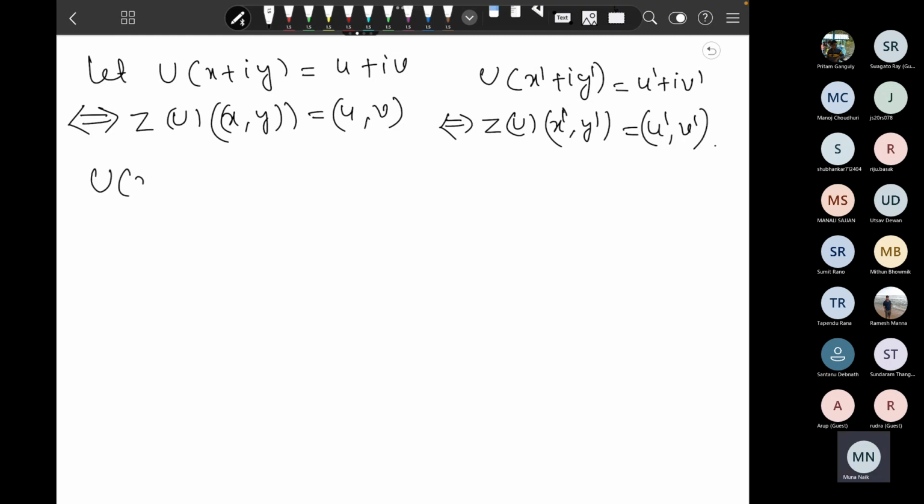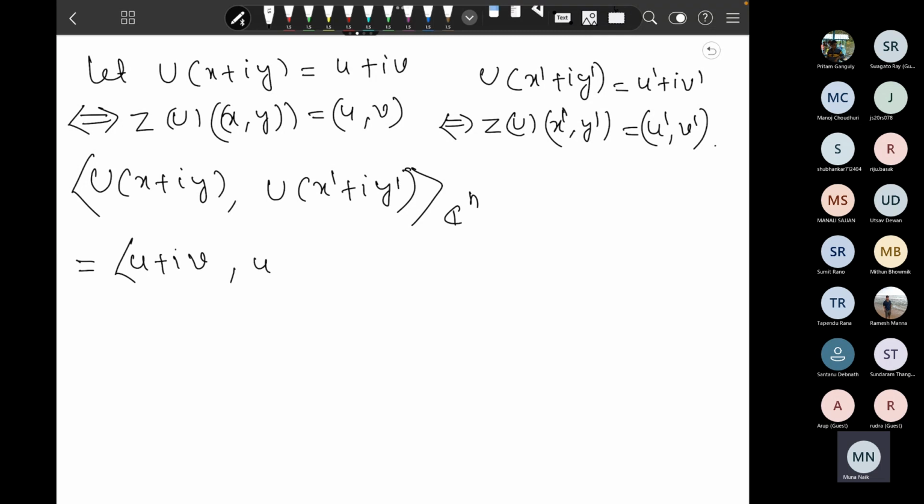Now I look at this inner product of U of x plus iy and U of x prime plus iy prime on Cn. This is equal to u plus iv with u prime plus iv prime on Cn.